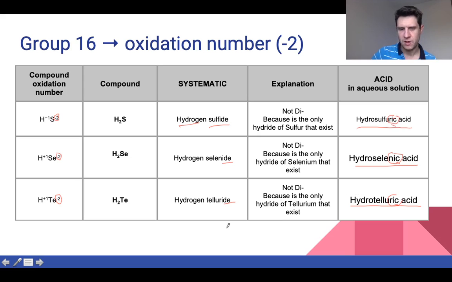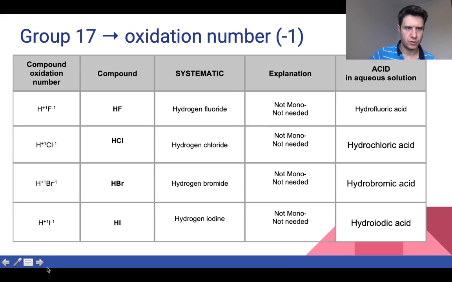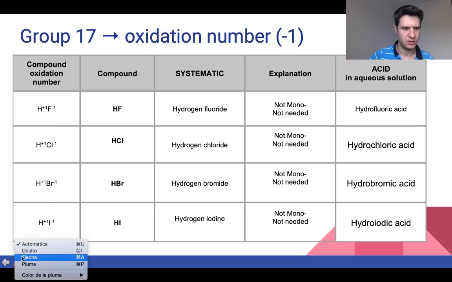Okay, good. Group 17. Okay, with the halogen elements. Good. All of them have -1 as an oxidation number. Oxidation number -1.